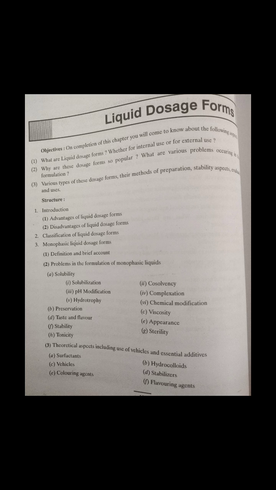Second, why these dosage forms are so popular, what various problems occur in their formulation, and the various types of liquid dosage forms, their method of preparation, stability aspects, evaluation, and uses.